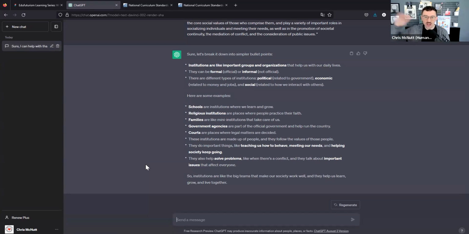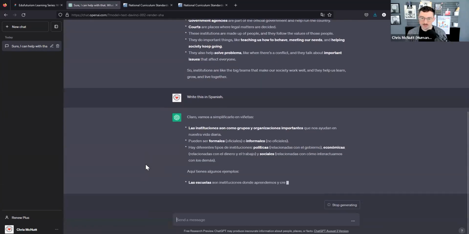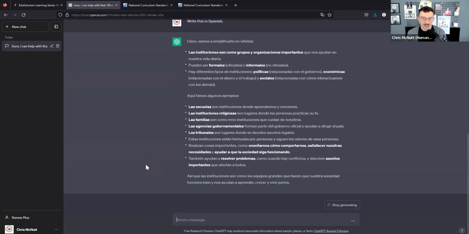So it's not just this giant hunk of text. This is way easier for both me and kids to understand, which makes our lives a lot easier. And in the exact same way, building off of that, we can say, write this in Spanish, and it will give us the Spanish version for our students who would be more comfortable reading Spanish, as well as kind of diving into what Trevor was saying.